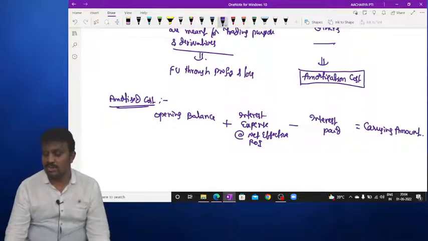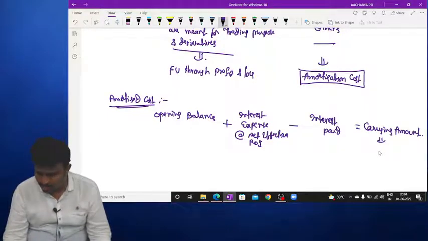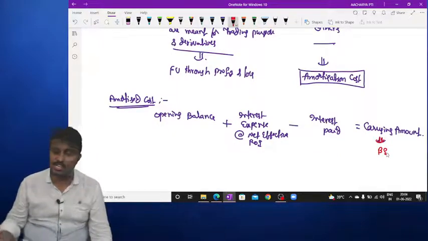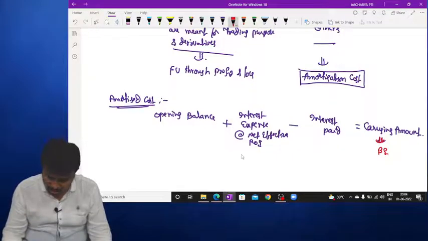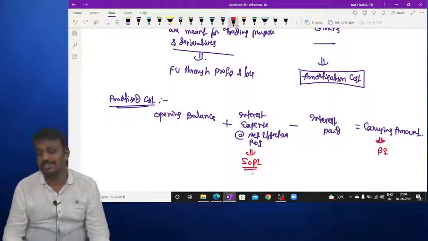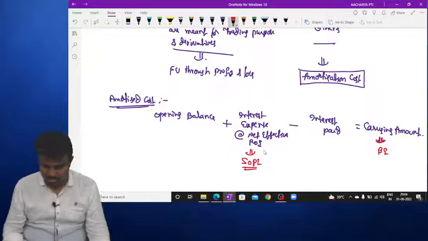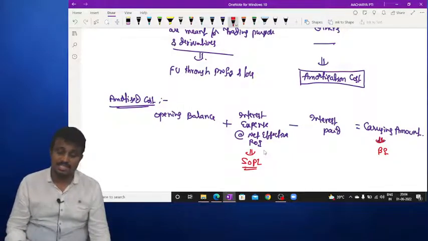This amount is required to be shown in the balance sheet either under non-current liability or current liability, depending upon the nature, and the interest expense is transferred to the statement of profit and loss as a finance cost.